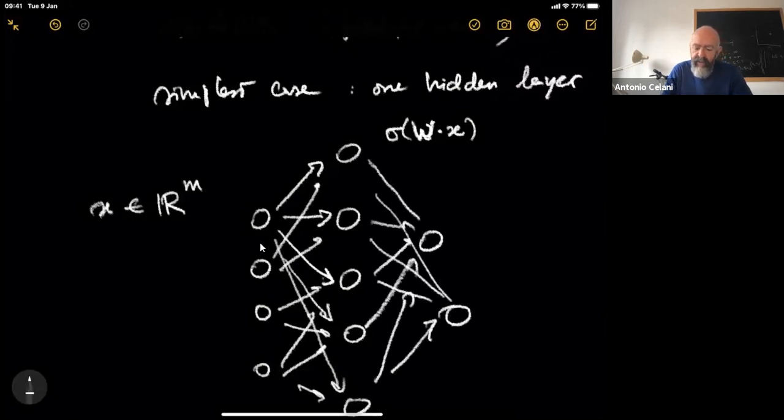And here maybe you just do a linear collection. So then you just sum up everything with some linear operation, and then you have in output some vector y, which belongs to Rn.